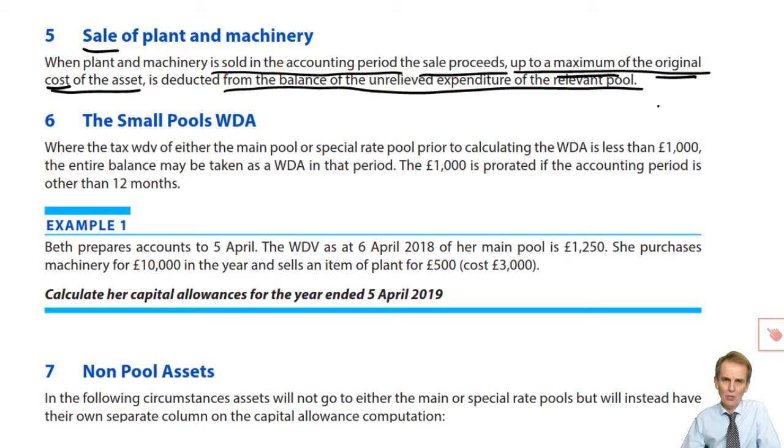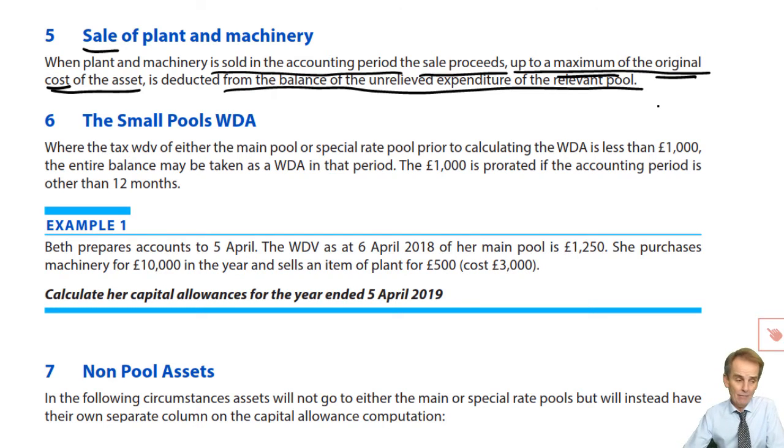So when plant and machinery is sold, it's probably going to be sold for sales proceeds that are significantly lower than original cost. We deduct those in our pool columns, main and special rate, and we deal with those disposals after we've dealt with additions for AIA and additions for WDA. Only then do we take out our disposals. Again, we'll show that in a few moments' time.